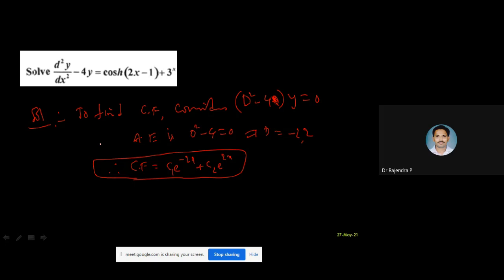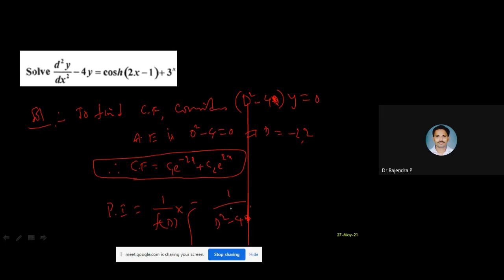Good. Now come to the particular integral. To get your particular integral, we have to write 1 by f of D into x for the given equation. In this case, 1 by f of D means 1 by D square minus 4 into your x. What is your x?